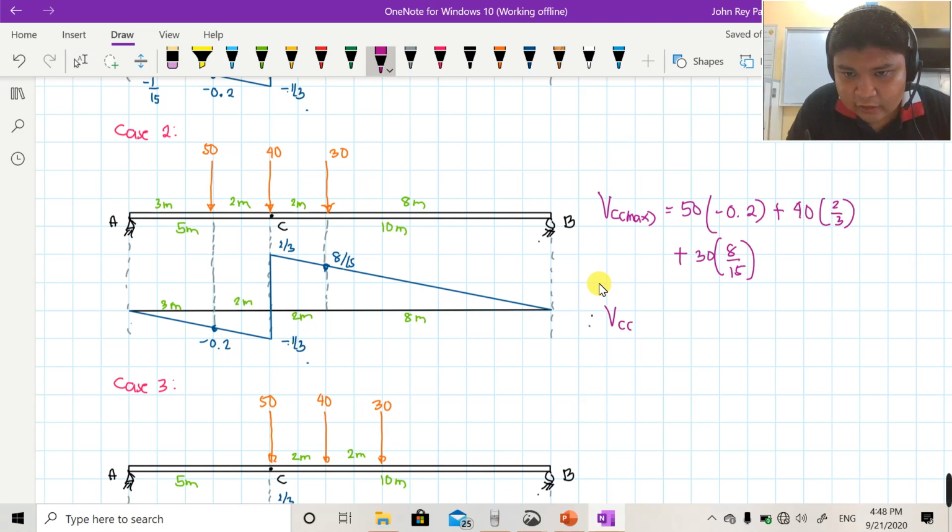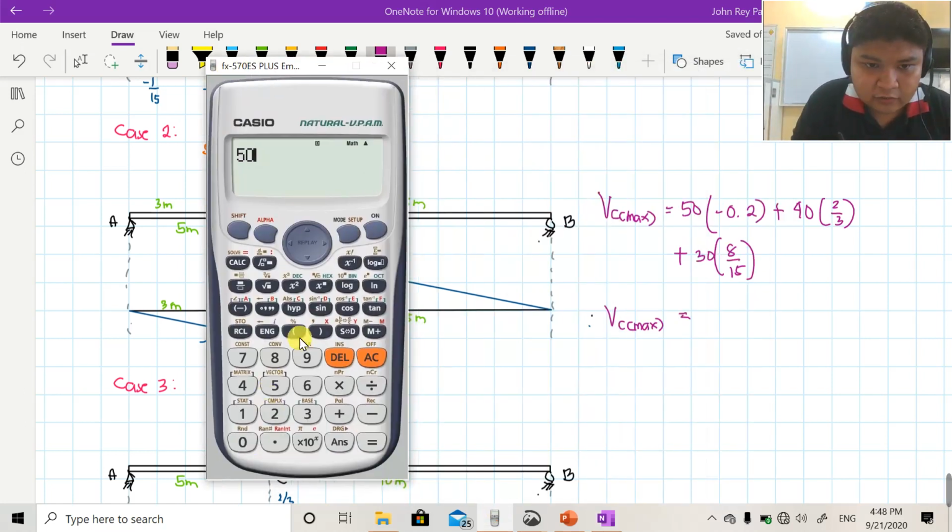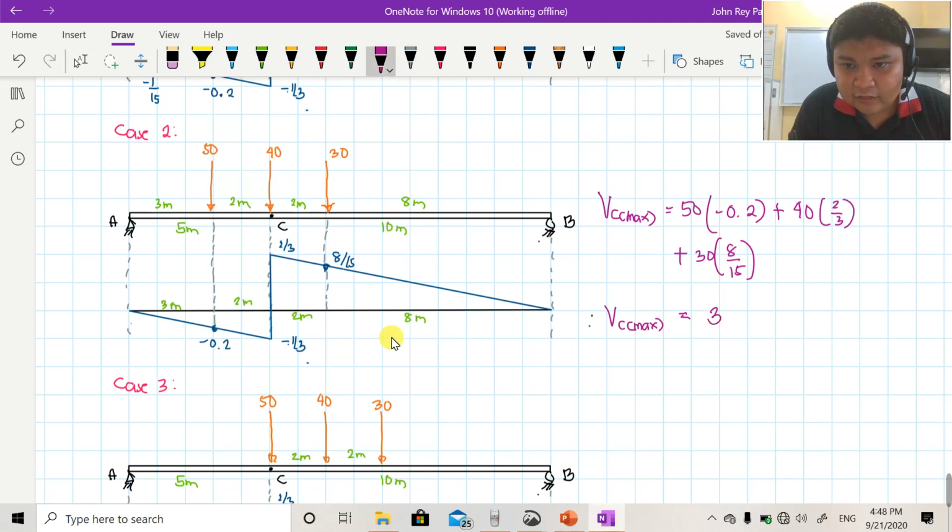So therefore, ang VC max natin ay equal sa, computein natin siya, 50 negative 0.2 plus 40 multiplied by 2 thirds, tama ba? Plus 30 multiplied by 8 over 15, di ba? So, ang sagot natin ay equal sa 98 over 3 or in decimal class, that is 32.6667 kilonewtons.